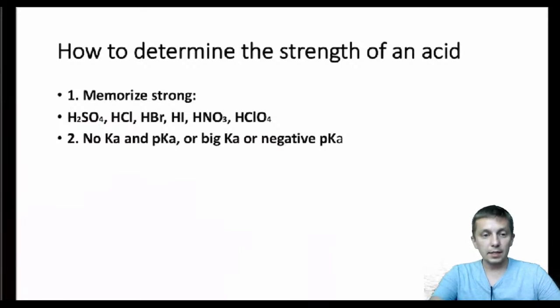Sometimes you can get some information from additional data. If an acid has no Ka, or pKa is negative and Ka is very big, it means you're dealing with a strong acid. So all acids except these are weak, or it's determined by additional data.